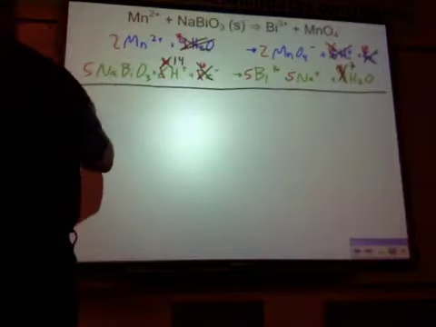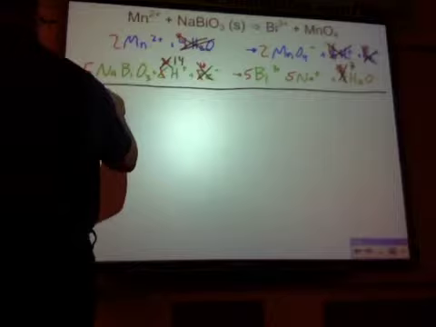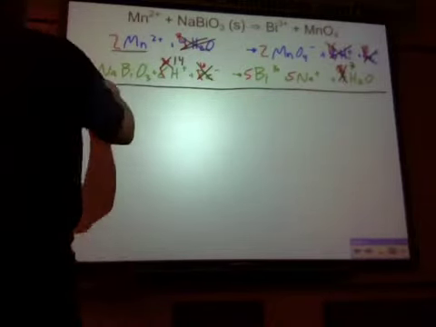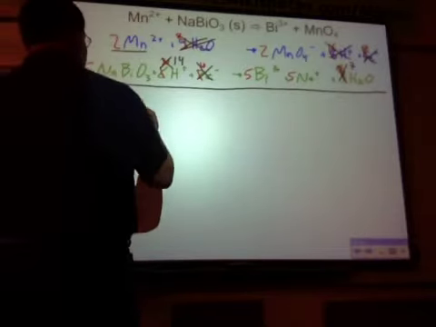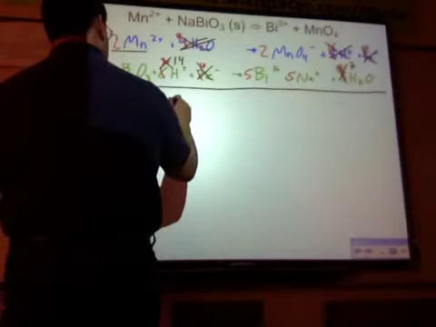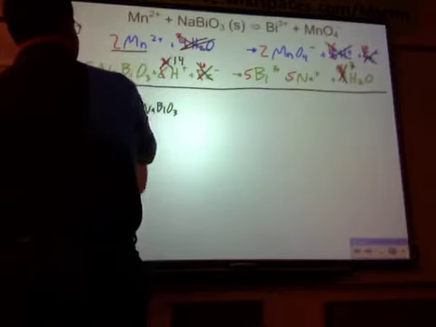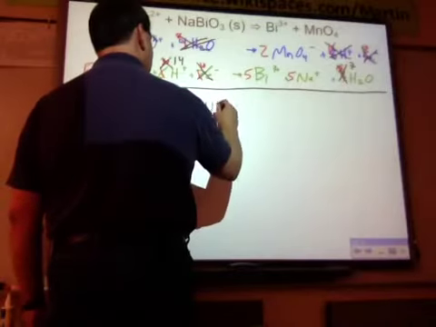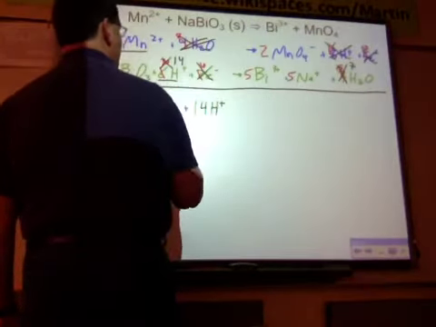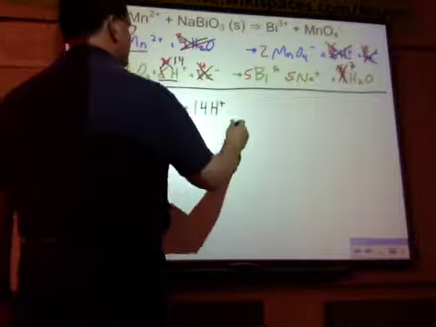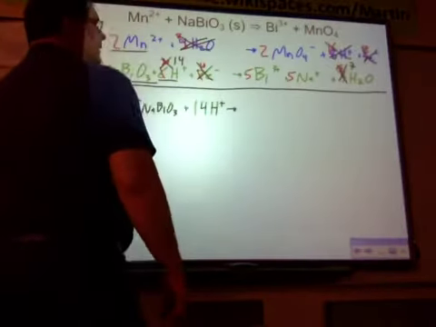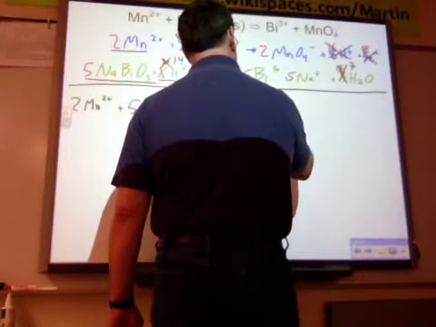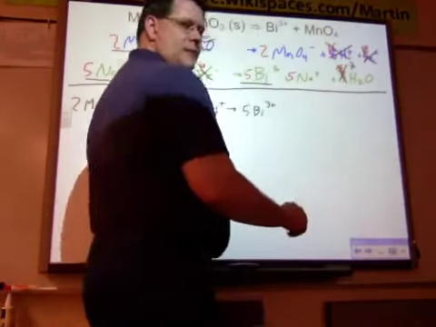We have manganese, 2Mn2 plus, so that's accounted for. We have 5 sodium bismuthate, so that's accounted for. We have 14 hydrogen, that's accounted for. The electrons we don't need to worry about. On this side we have 5 bismuth 3, so that's accounted for.